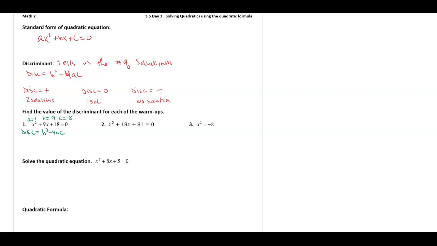So we plug those values in: 9 squared minus 4 times 1 times 18. If we plug this in the calculator exactly the way we see it, you will get a discriminant with a value of 9.